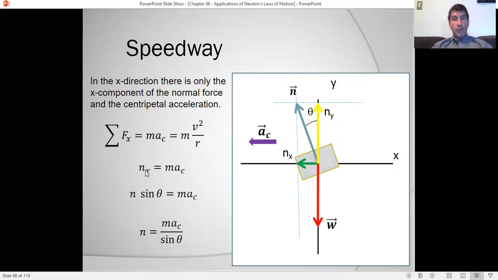The normal force in x is now equal to that. So N_x is this term. Here's our centripetal force equation. So there's my normal force. All right.